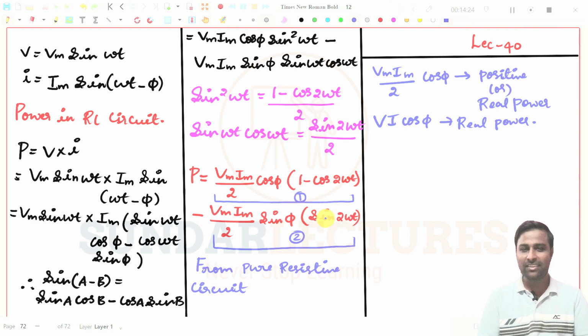That is what we have got here, the sin 2 omega term. This whole term will be oscillating between load and source.